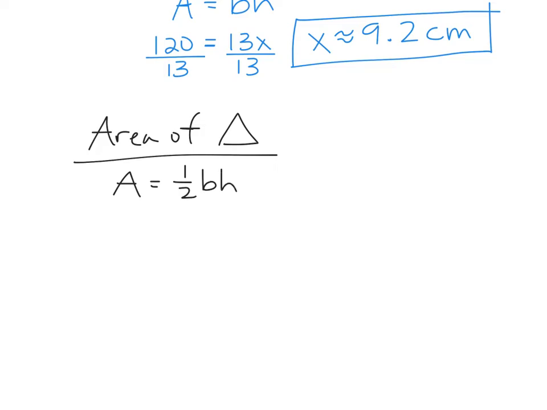So some people, I feel like coming from the middle school, do it that way, BH divided by 2. Totally fine. It's just not how I ever do it. So don't let me throw you off. These are the same thing, right? Same formula, just written a different way. So if you prefer to do base times height and then cut it in half, go for it. If you do like 1/2 times base times height, that's fine too.